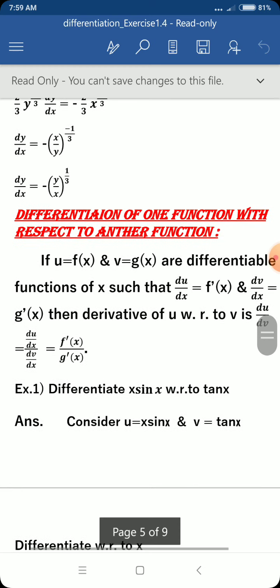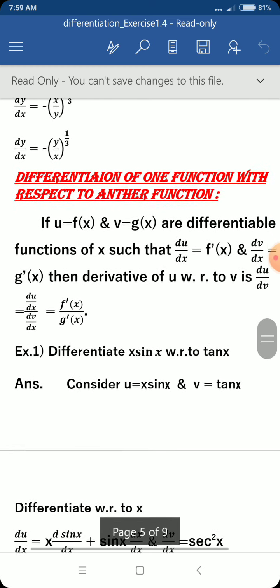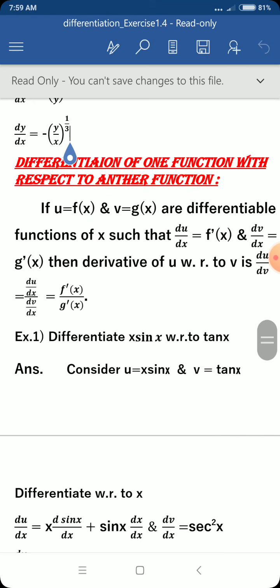Now one more method of the derivative of a parametric function: differentiation of one function with respect to another function.